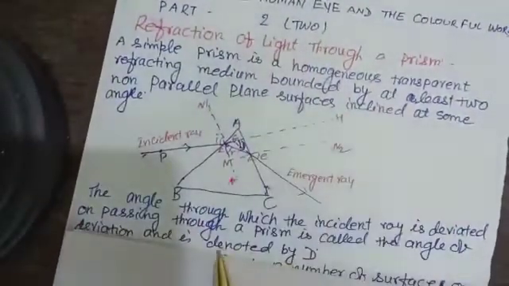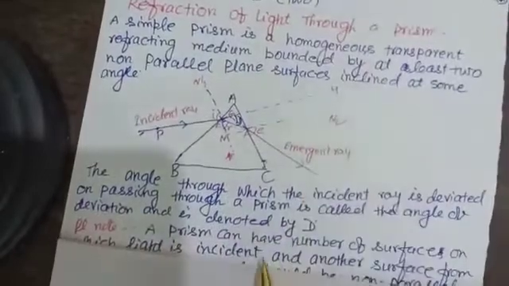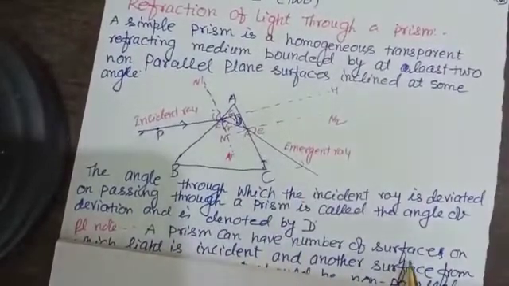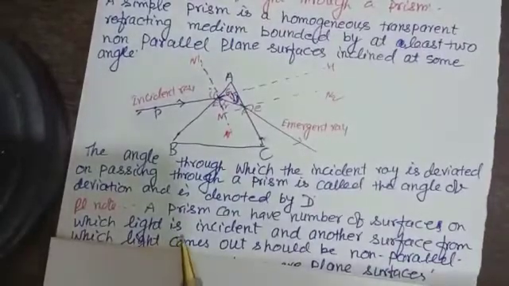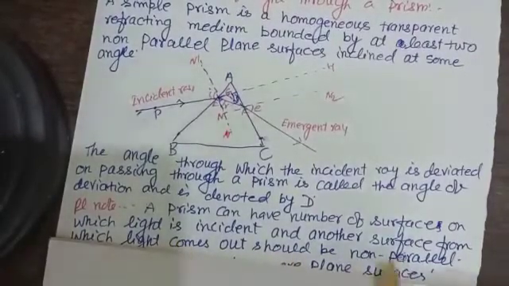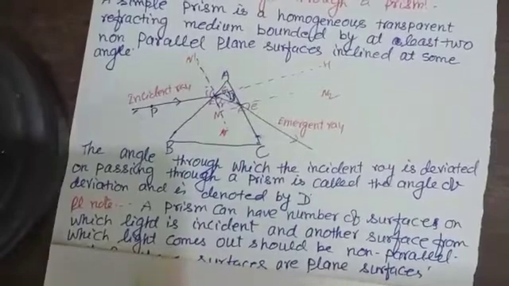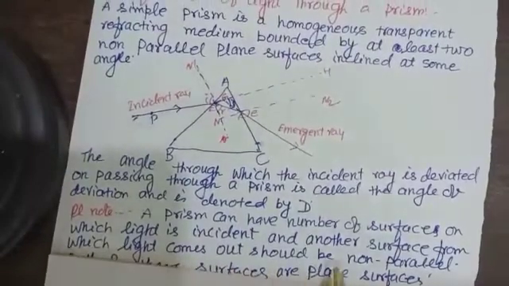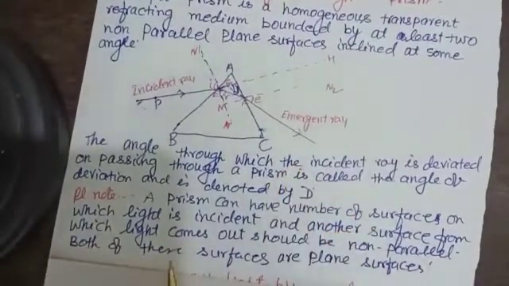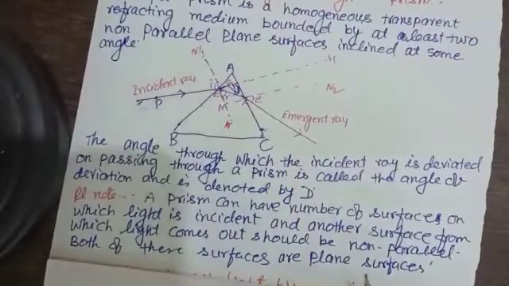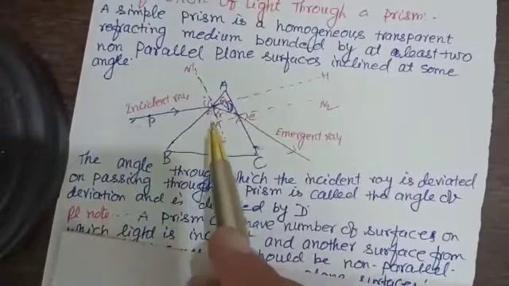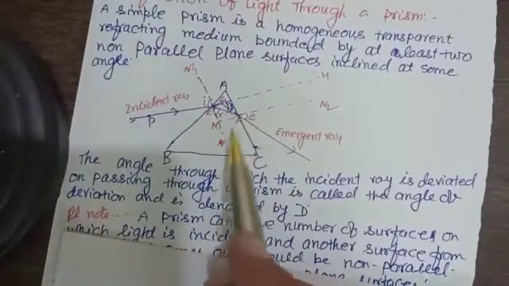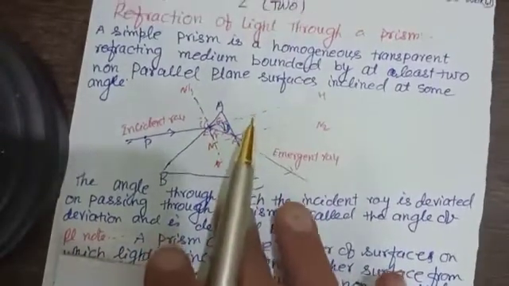So a prism can have a number of surfaces, but the surface on which light is incident and the surface from which light comes out should be non-parallel, and both of these surfaces are plane surfaces. So the two refracting surfaces must make some angle, and this is called the refracting angle.